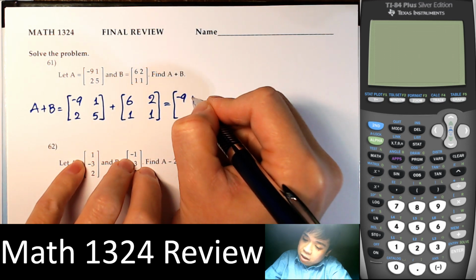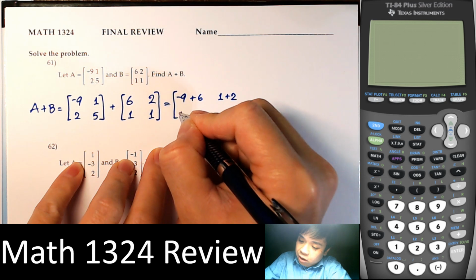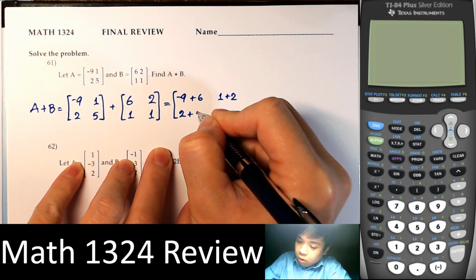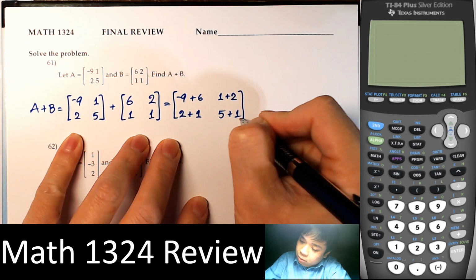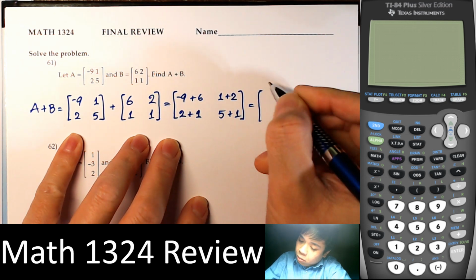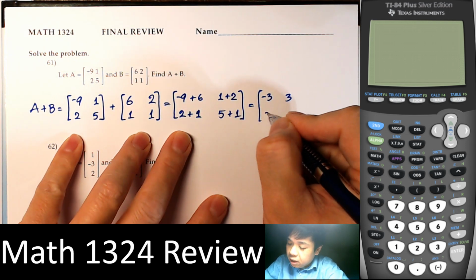Negative 9 plus 6, 1 plus 2, 2 and 1, 5 and 1. So we have negative 3, 3, and 6.